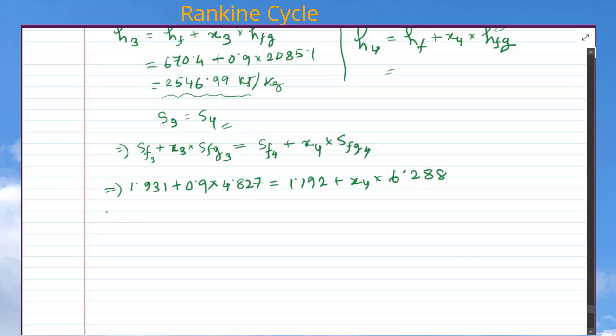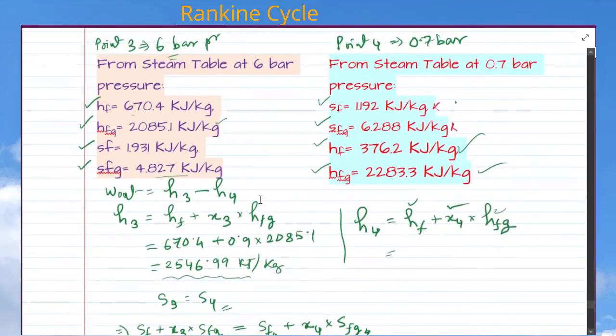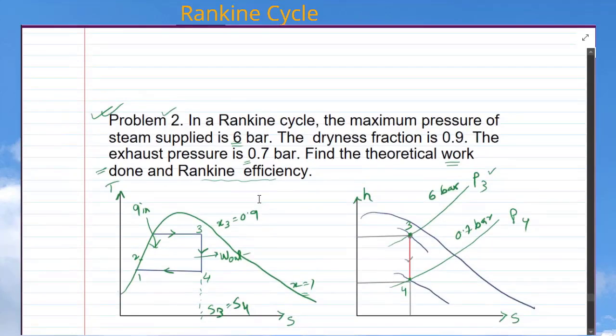If we simplify this, we get the value of x4 equal to 0.808, which we will consider as 0.8. By this equation we get x4, the dryness fraction of steam at point 4.